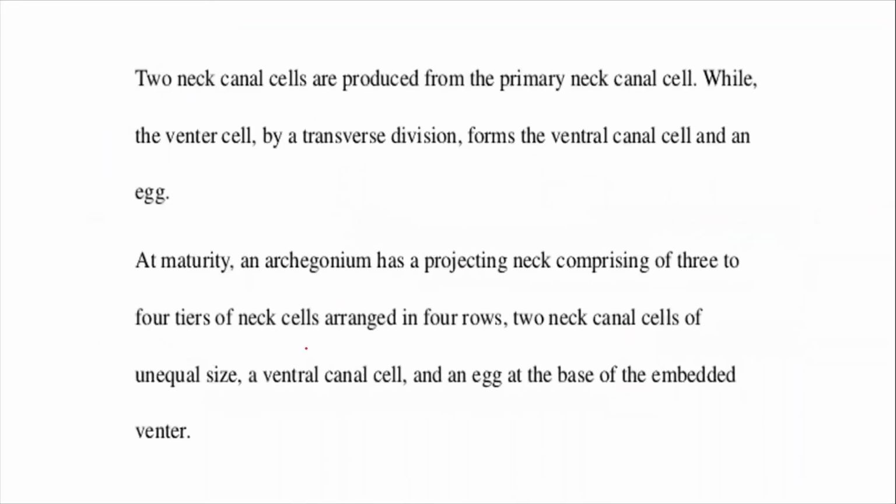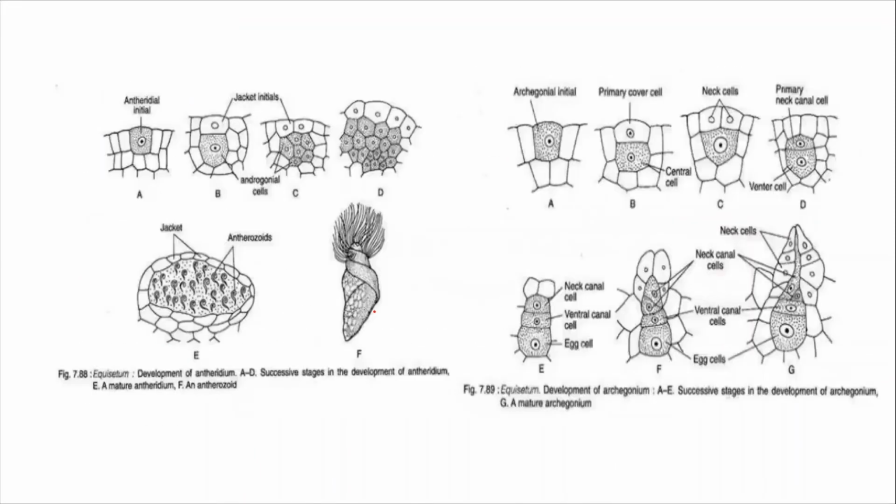You can see here how the antheridia and archegonia are formed. This is the antheridial initial of the gametophyte or prothallus. It first undergoes one transverse division and forms two cells: one called the androgonial cell and the other the jacket initial.